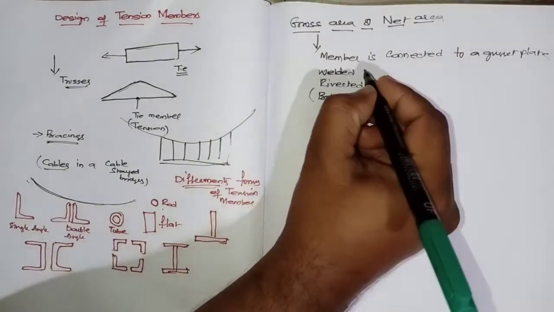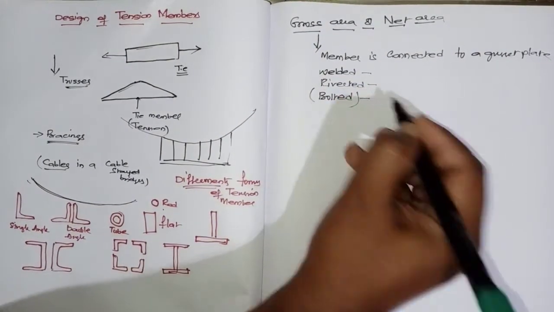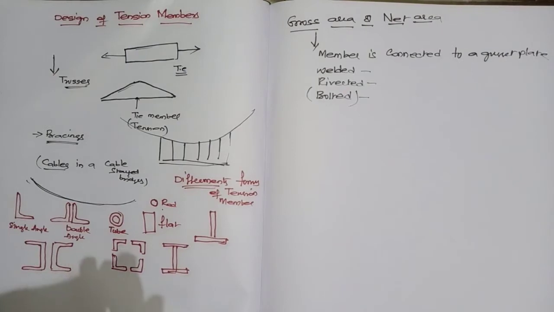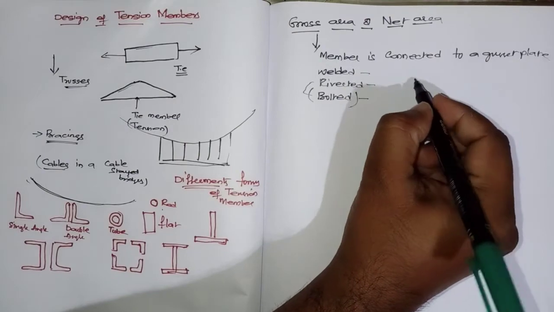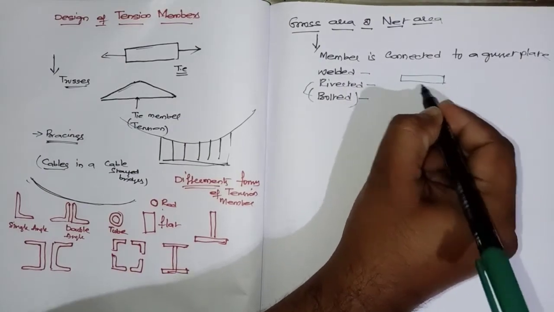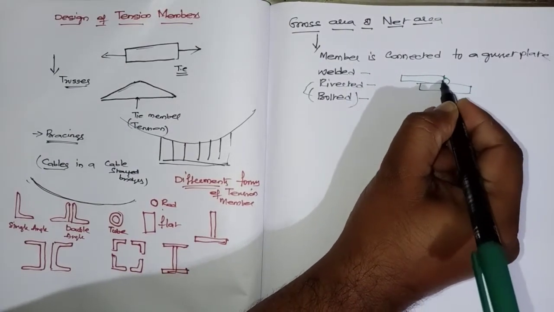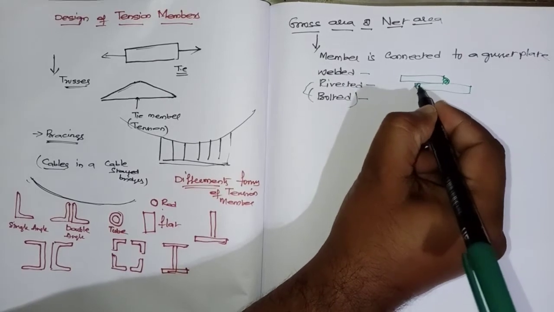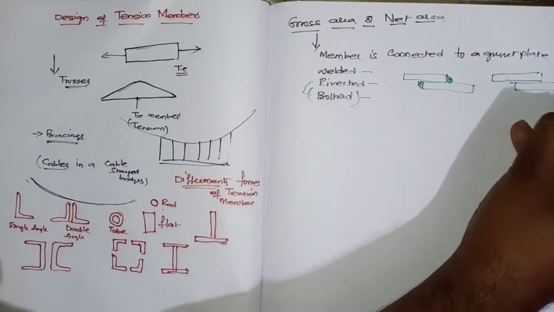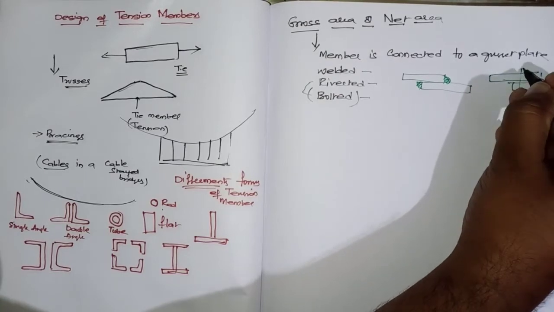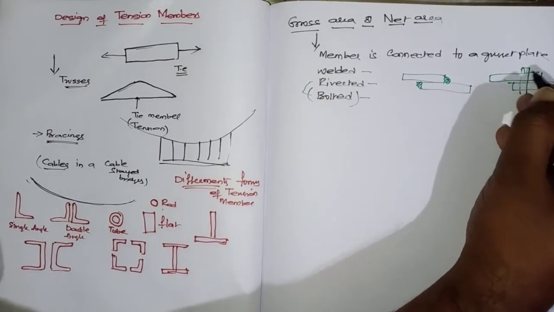Now, if it is connected by welded, riveted or bolted, whatever it may be, consider the total area without deducting the holes that are made for riveted or bolted connections. Generally, for a member connected by welding, there is no need to deduct any area. Suppose I want to connect two members using rivets or bolts, I have to make some holes.